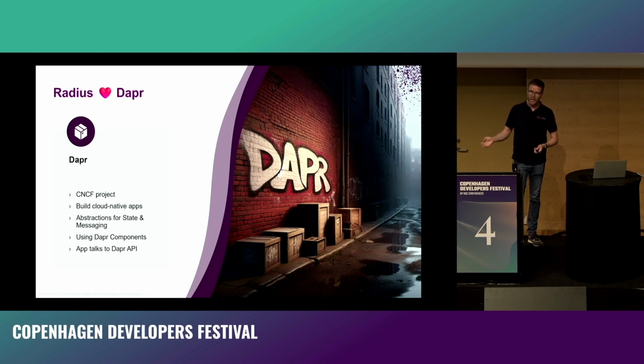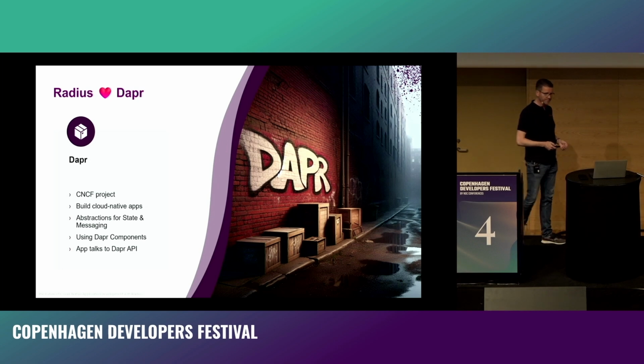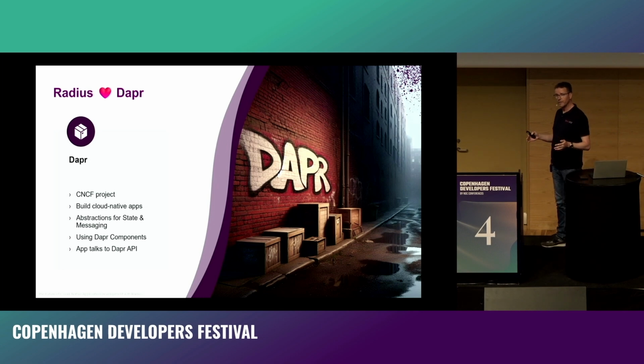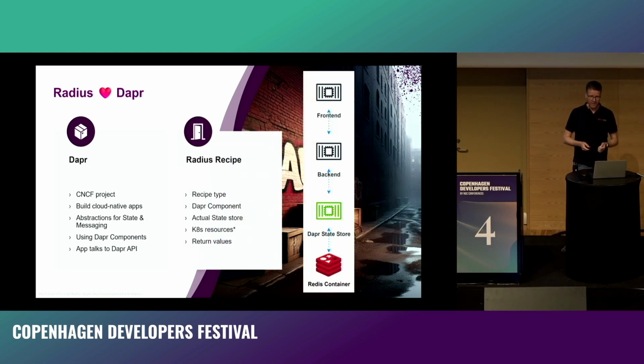And this is why I added Dapr to my demos as well. So instead of talking to Redis directly from my code, I will start talking to Dapr, and Dapr will decide, okay, I'm configured to talk to either Redis or Azure Service Bus. Really nice. And the way we do this, of course, again, is by deploying a recipe. So Radius has built-in support for many Dapr components.